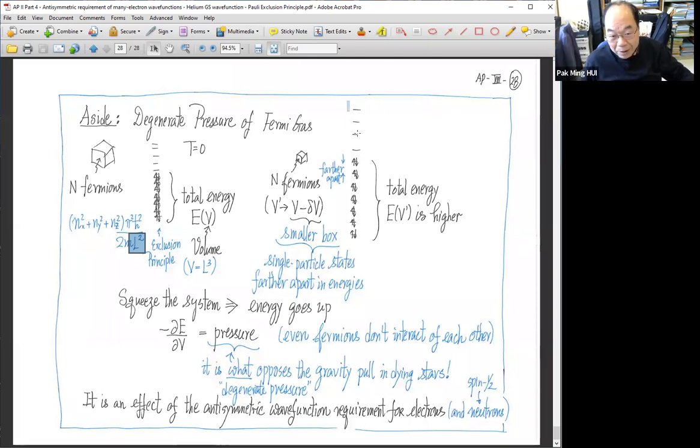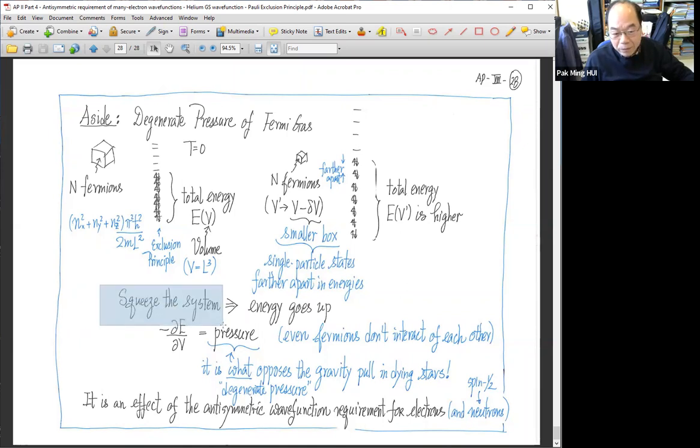That's why I depict it as more separated than here. You have the same number of electrons. Again, it fills the same number of levels. Because the energy levels are squeezed farther high in energy, the total energy is higher. All right, so no squeezing, one energy; you squeeze it, higher energy.